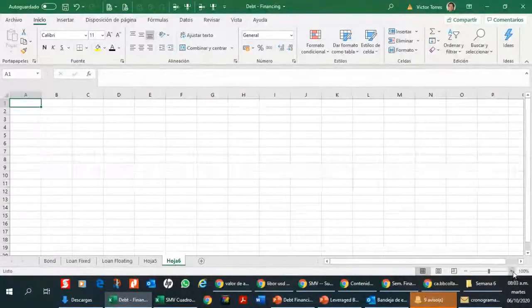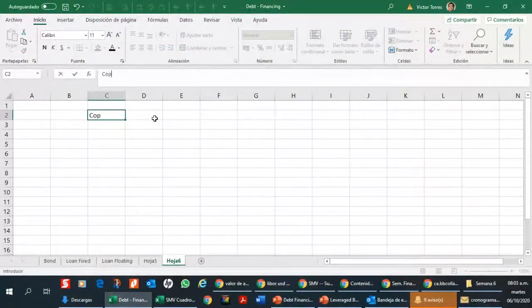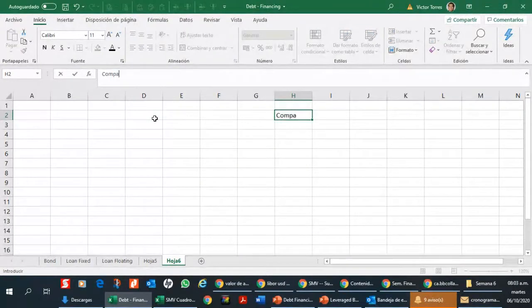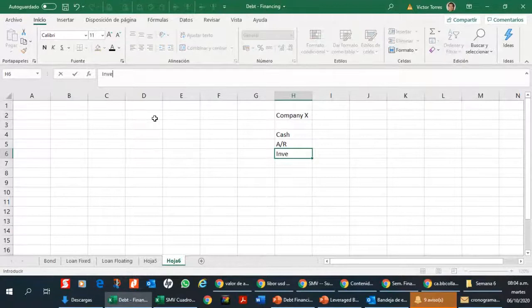So for me, it's easier in Excel sometimes to put this up. So you know that a particular company, let's say company X, is going to be a company with particular assets and liabilities. Our typical structure has PP&E, inventory.